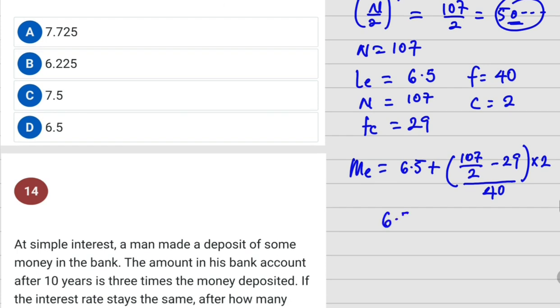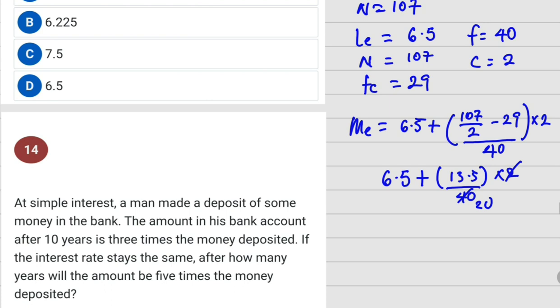So it's going to be 6.5, then plus what is in the bracket, which is 13.5. But remember, this over 40, then times 2. 2 here, 1, 2 here, 20. So I'm going to do 13.5 divided by 20, which will give me 0.675. Now, added to 6.5, I will get.